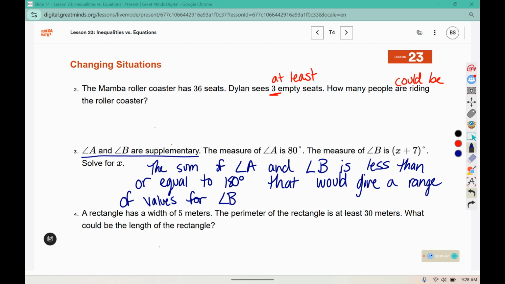4. A rectangle has a width of 5 meters. The perimeter of the rectangle is at least 30 meters. If we just said that it is 30 meters, then it would be an equation.